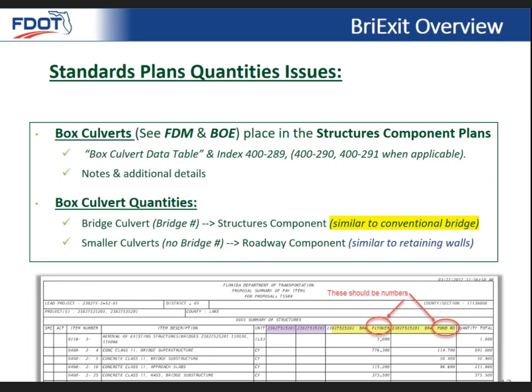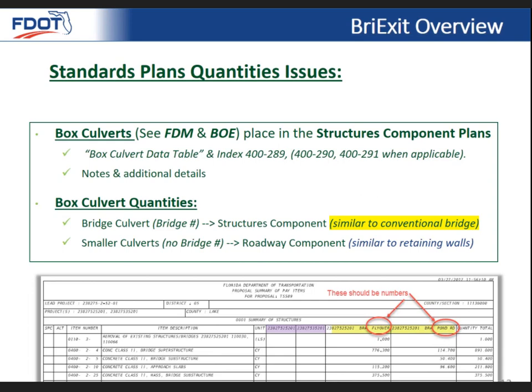If it has a bridge number, then it will automatically be loaded into that particular bridge number with all the other bridge items, and so those quantities would then be summarized in the standard bridge summary of quantities table.